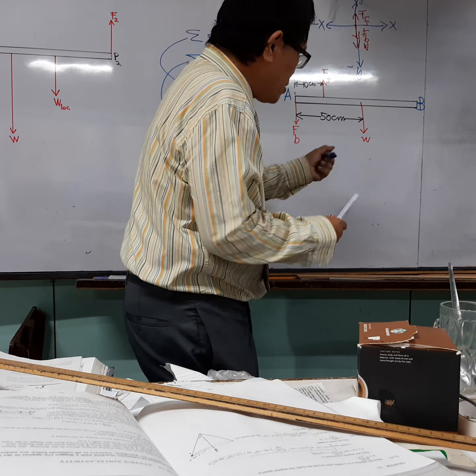Front edge, back edge. So the front edge is at a distance of 10 centimeters. The back is right at A, the pivot point or the axis of rotation.